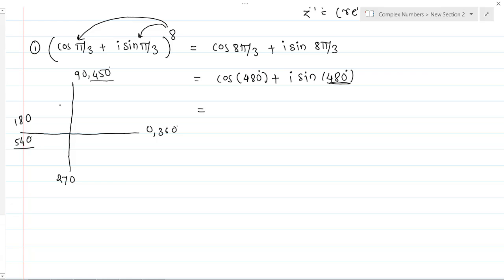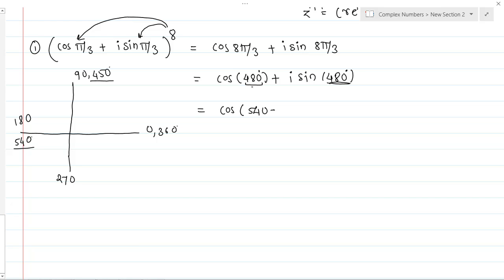So how will you represent this? Cos of 540 minus what is the standard angle? How much will you subtract?